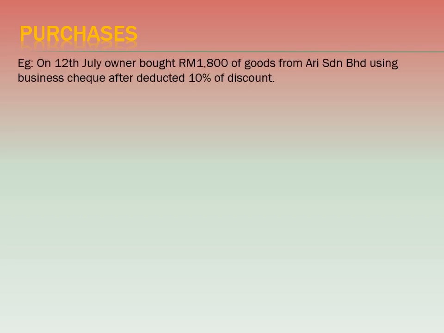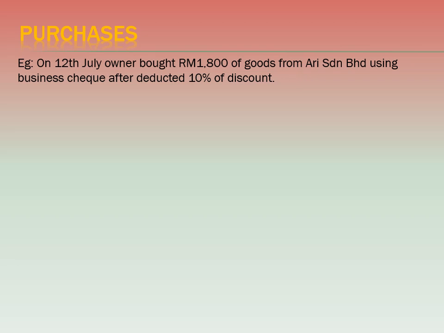So if you buy an item but do not intend to sell it, it shouldn't be recorded in purchases. Another purchase is if you buy raw materials with the intention to use them in producing a product on your own. Okay, let's say the example is given.